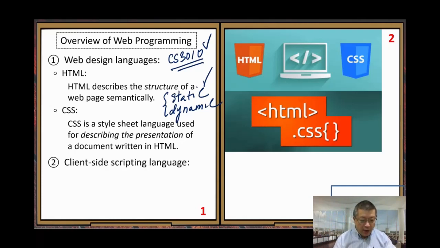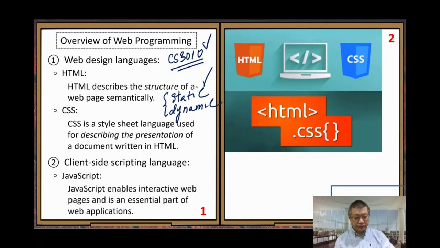So for the dynamic content, you can do it at the client side using a scripting language. Here, the most popular one and the most important one, JavaScript. All right, so JavaScript can do a lot of things.